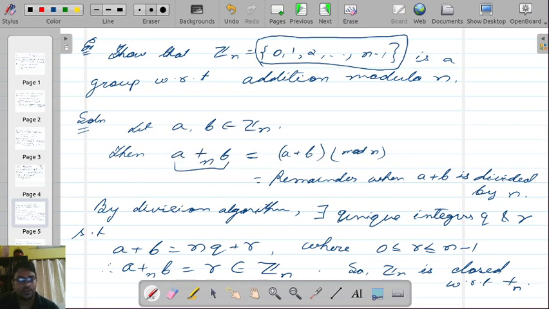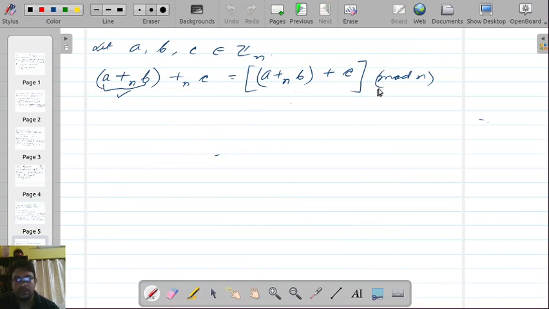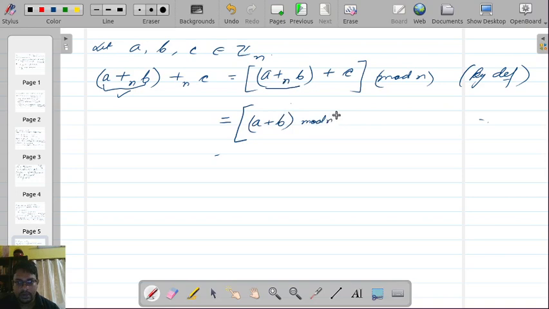We have applied this definition, so this follows by definition. In the next step, I will apply the definition of this part. So a plus b modulo n is the remainder when a plus b is divided by n, plus c, which is an element inside Zn only.